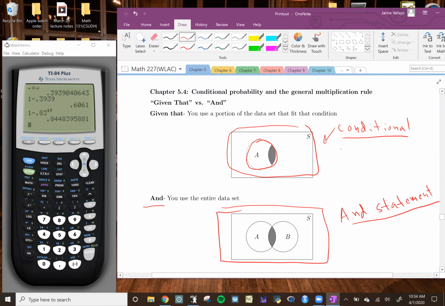For this one, you use part of the data. This one, you use the entire data. Any questions so far for conditional versus the and statement?